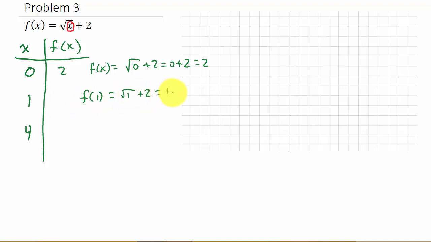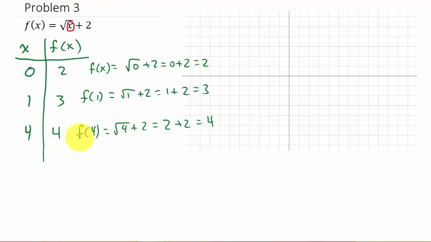The square root of 1 is 1, so that gives me 3. And then f of 4 is the square root of 4, plus 2, and the square root of 4 is 2, plus 2, and that gives me 4. So there are my 3 points: (0, 2), (1, 3), and (4, 4).